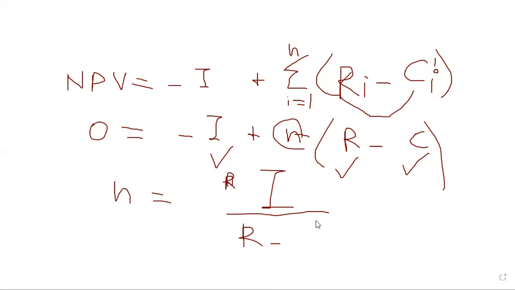If it's a non-discounted payback period, and you don't take into consideration the discount of the value of money with time, you put A equals 0. But in general, we care about the discounted payback period. We put a value for A. And in this problem, for example, if I ask you now to calculate the discounted payback period, and I gave you that A is 3%, you will go to the previous relation and set NPV equals 0, and you add here summation from 1 to n of Ri minus Ci over 1 plus A to the power i.